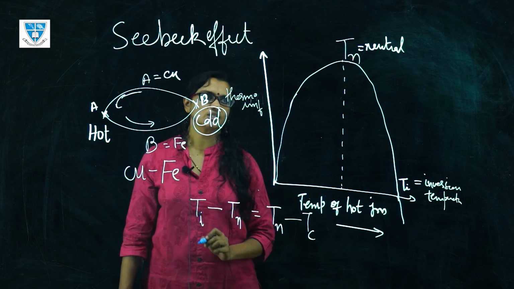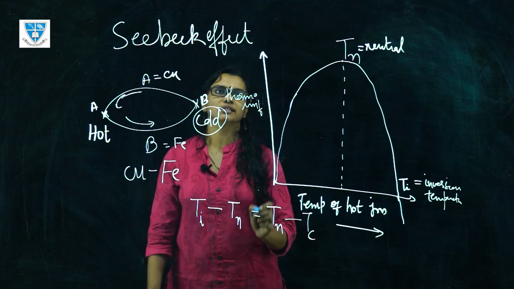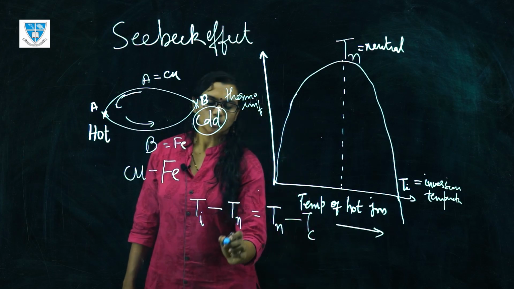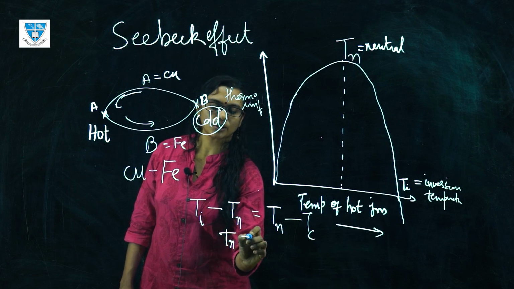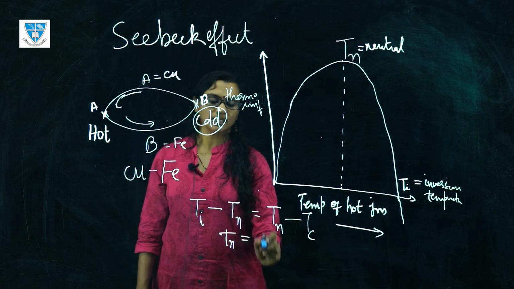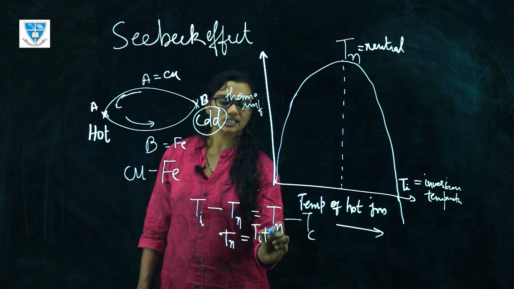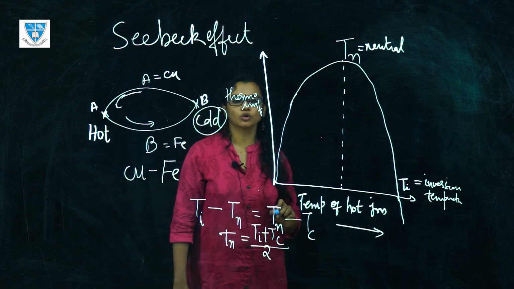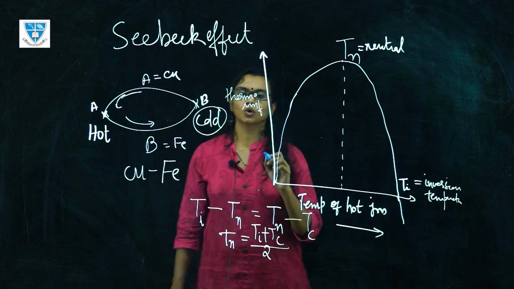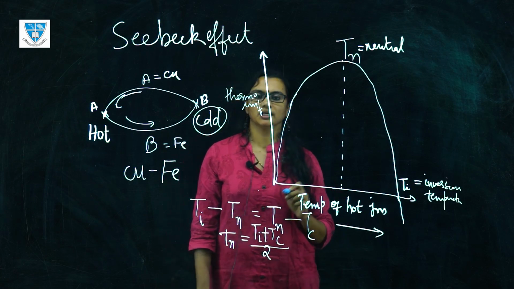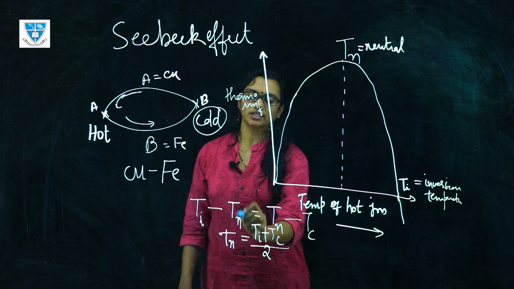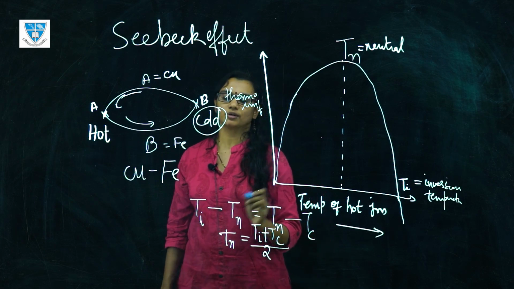If you rearrange it, taking Tn to this side, you will obtain the relation Tn equals Ti plus Tc divided by 2. The temperature of inversion can be easily obtained, and the cold junction temperature can be easily measured, so you can find the neutral temperature from this equation.